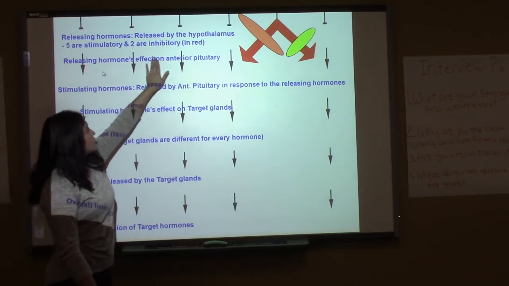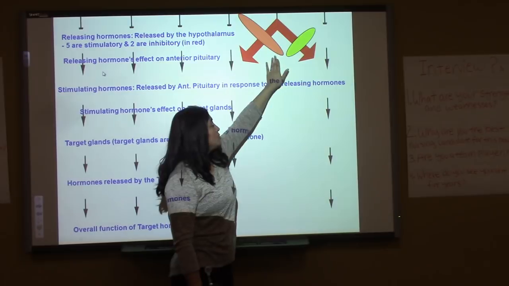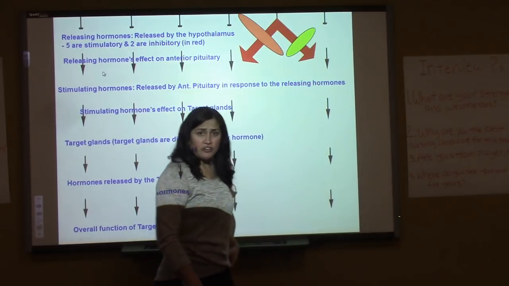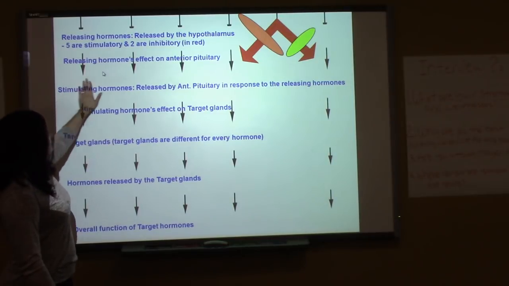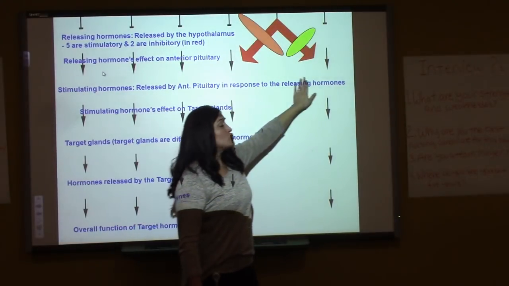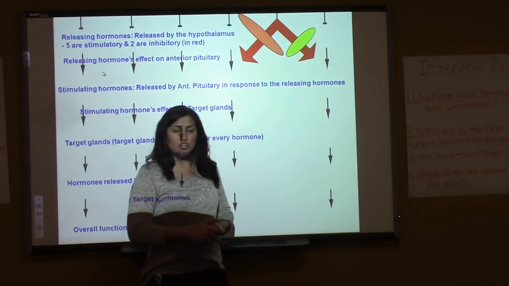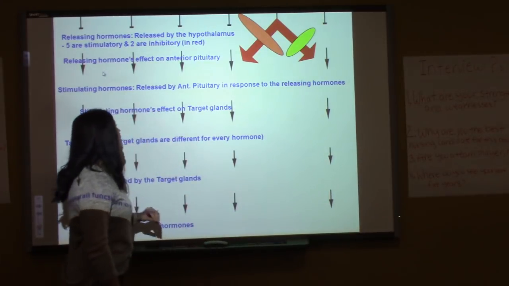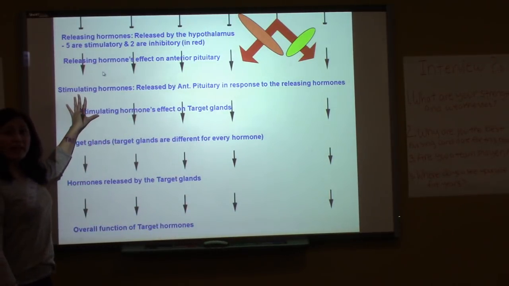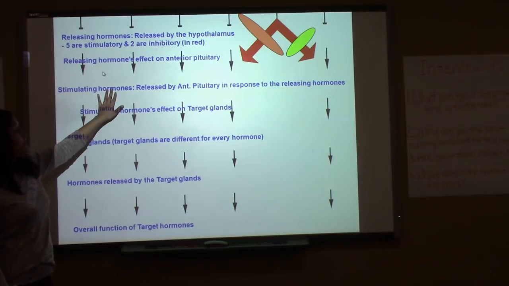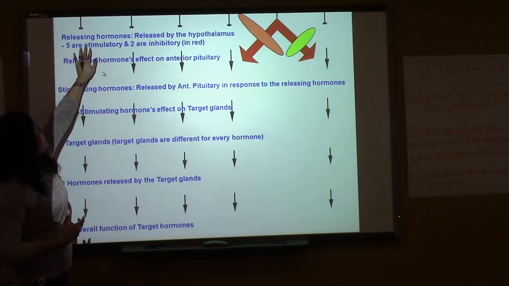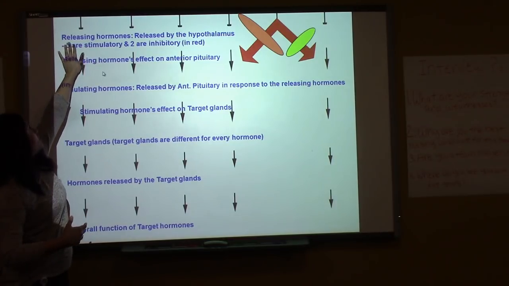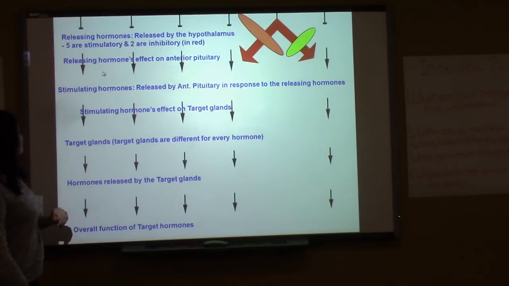This right here is the effect on the anterior pituitary. This space right here are the hormones released by the anterior pituitary. The hormones released by the anterior pituitary are called stimulating hormones. The hormones released by the hypothalamus are called releasing hormones.